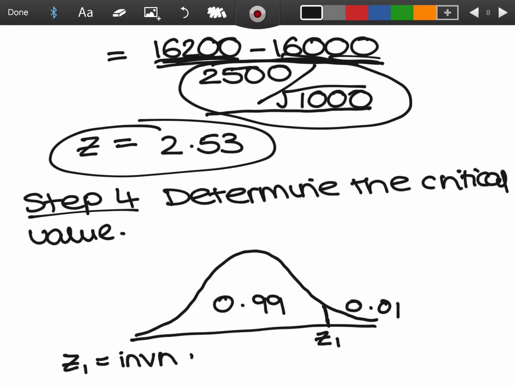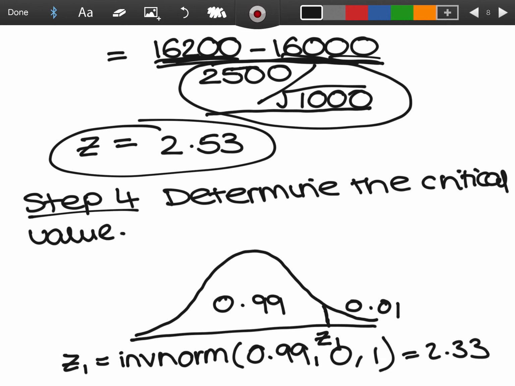Z1 is the inverse norm of the area to the left, with mean 0 and standard deviation 1. If you do that, your critical value ends up being 2.33.